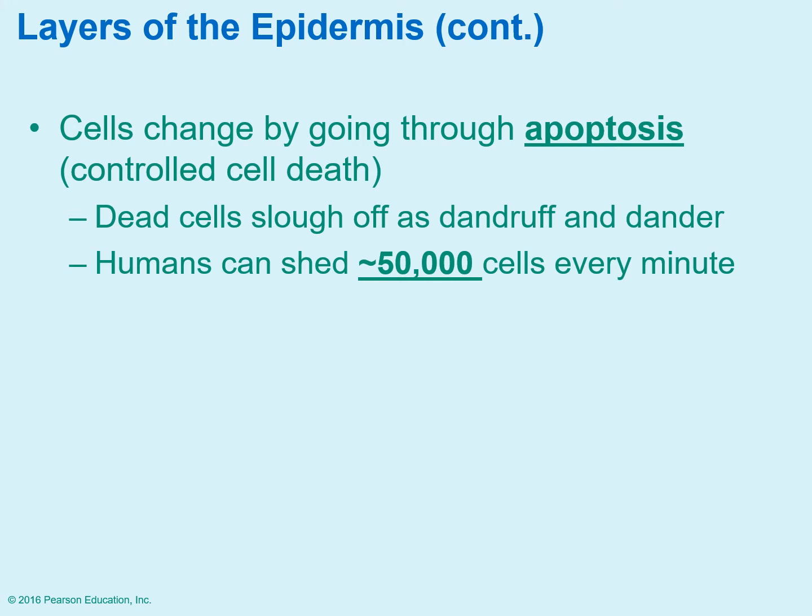So why aren't we getting thicker and thicker? Because those dead cells are going to be sloughed off. If you've ever seen anyone with, say, dandruff and dander, that's dead cells being sloughed off. Humans shed about 50,000 cells per minute.